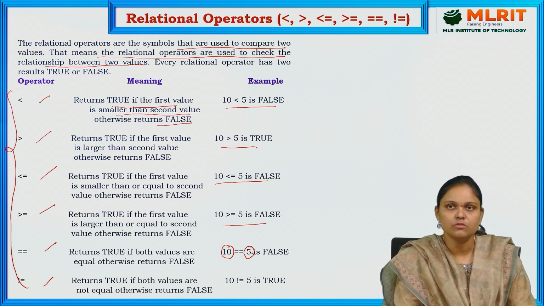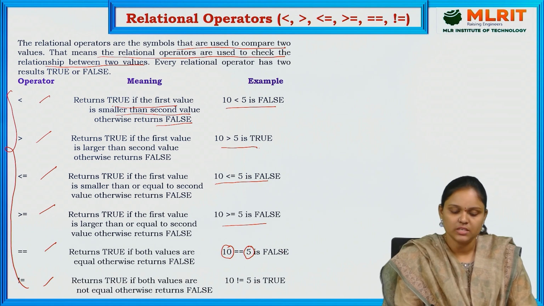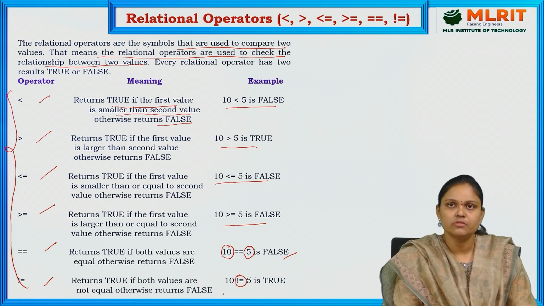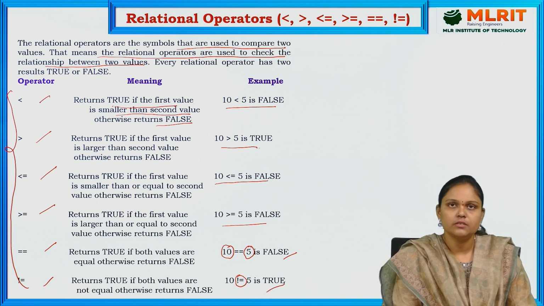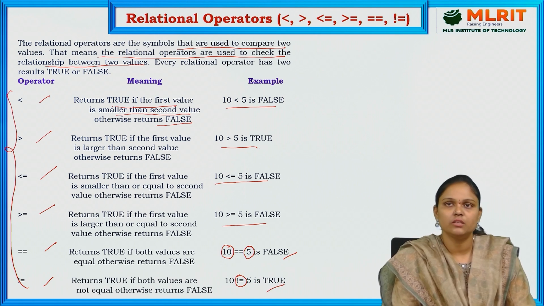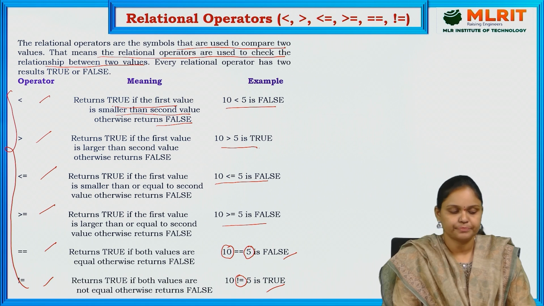So is 10 equal to 5? No, it is wrong, so the result will be false. The not equals to operator will check whether the two values are not equal. 10 not equal to 5? Yes, 10 is not equal to 5, so the condition is true here. Generally, relational operators are used inside conditions.